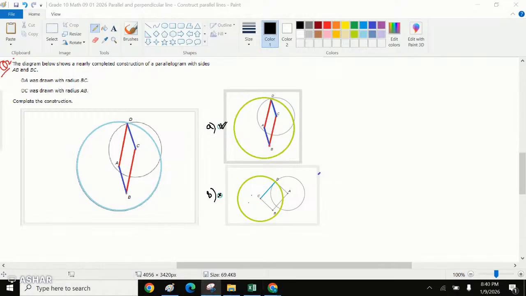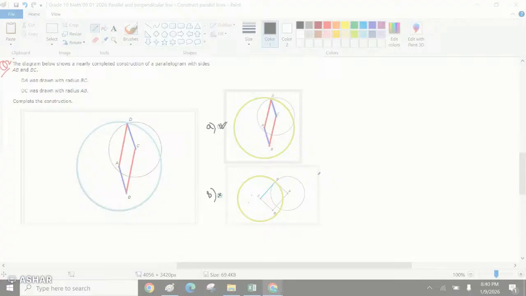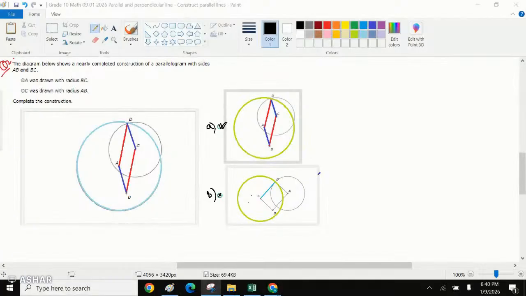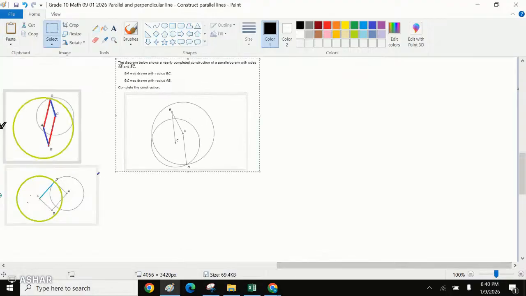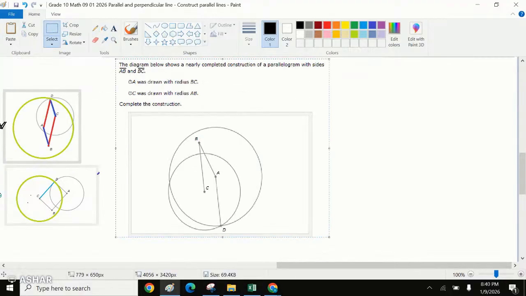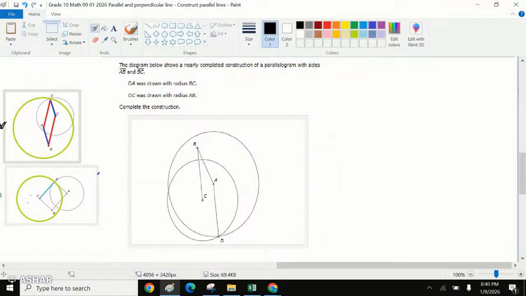Going to the next question, the diagram shows a partially completed figure. One minute, please. This is question number 3. Let's copy.